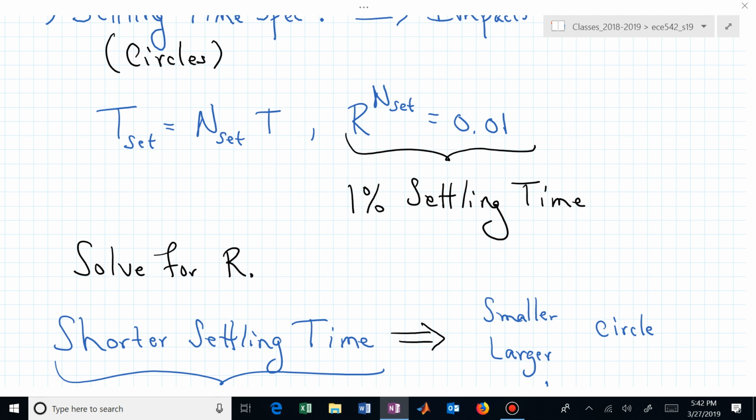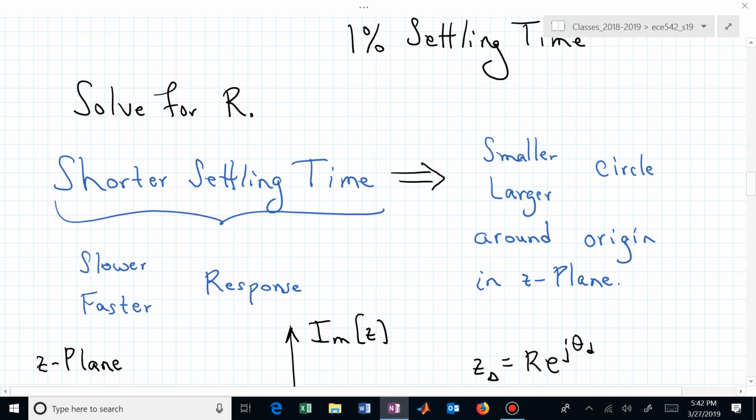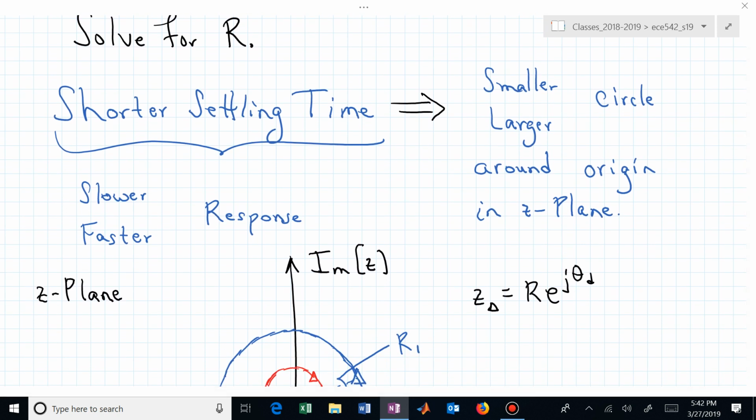Let me ask you some questions just so that you're staying clued in to what I'm talking about. If we want a shorter settling time, then going to the right after the shorter settling time, that implies a smaller or larger circle around the origin in the z-plane.